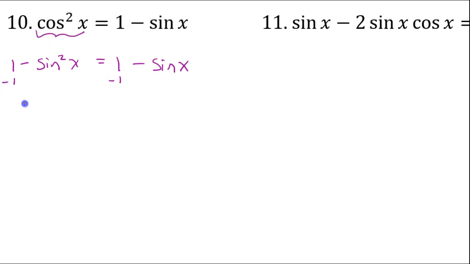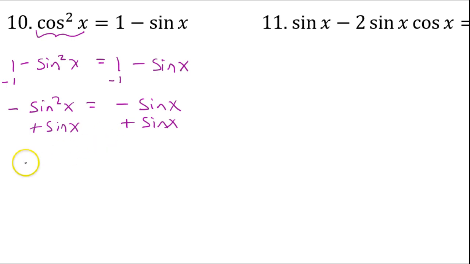Those both cancel. That leaves me with negative sine squared x is equal to negative sine x. Time to add sine x to both sides. So that's going to give me negative sine squared x plus sine x is equal to 0.